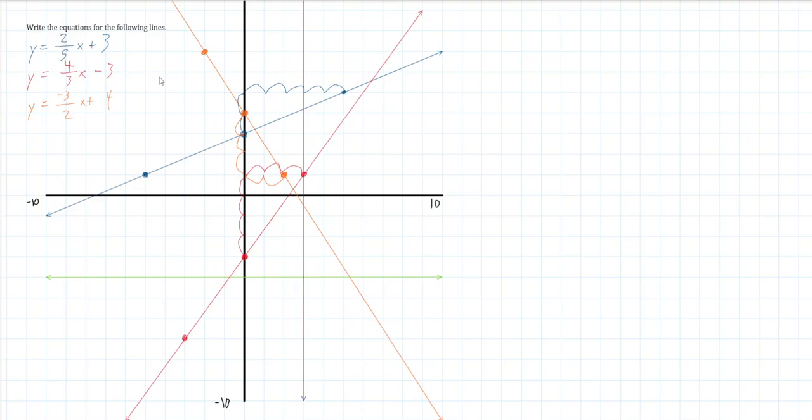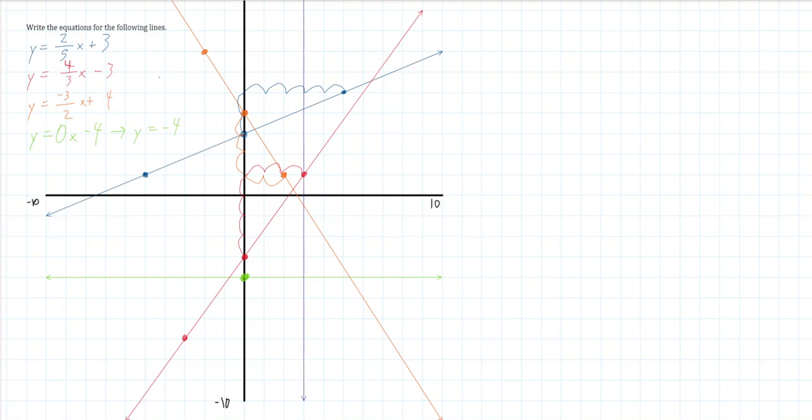Okay, looking now at the green and purple lines. The green line is somewhat obvious, okay, because it has a y-intercept of -4 and a slope of 0, so we could write it in slope-intercept form, 0 times x minus 4. And you could see that this would actually simplify to just y equals -4.